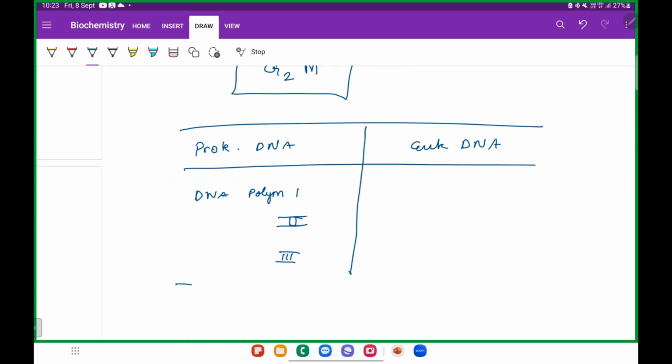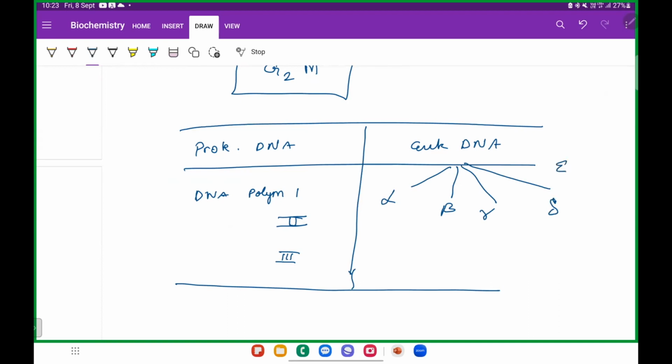But in your eukaryotic DNA, there is no polymerase 1, 2, 3 like this. There is only one DNA polymerase, but within that one DNA polymerase you have many components. What are the different components? You have your alpha component, beta component, gamma component, delta component, and you are going to have an epsilon component. Alpha component is going to act as primase. Beta component is going to be DNA repairing, and your gamma component is going to be mitochondrial DNA synthesis, and your delta is going to form the leading fragment and lagging fragment.